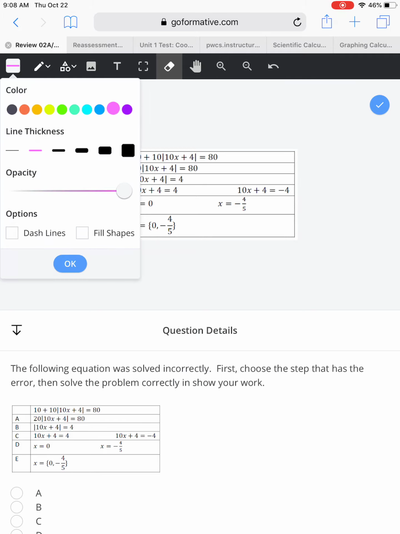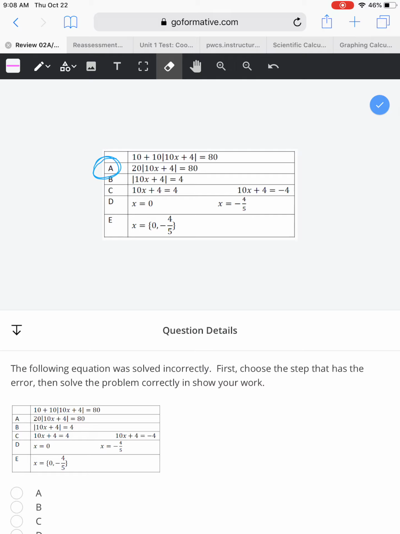So you go through and you solve. So I have 10 plus 10, absolute value of 10x plus 4 equals 80. I'm going to subtract 10 first. So this is going to be 10 times the absolute value of 10x plus 4 is equal to 70.